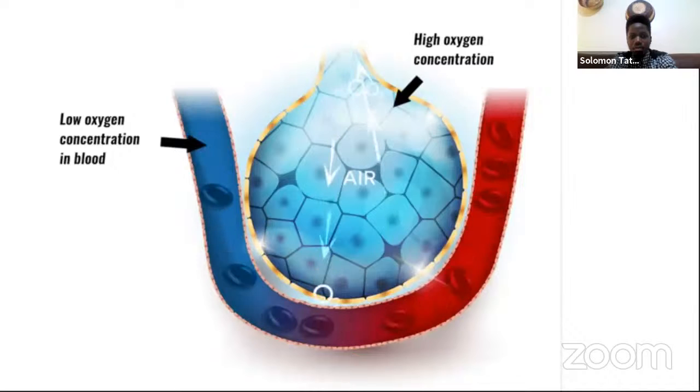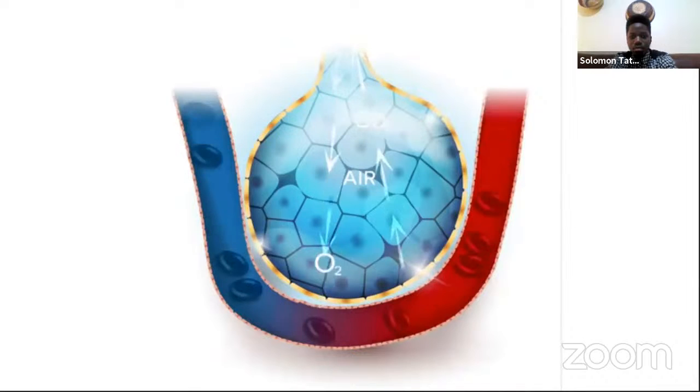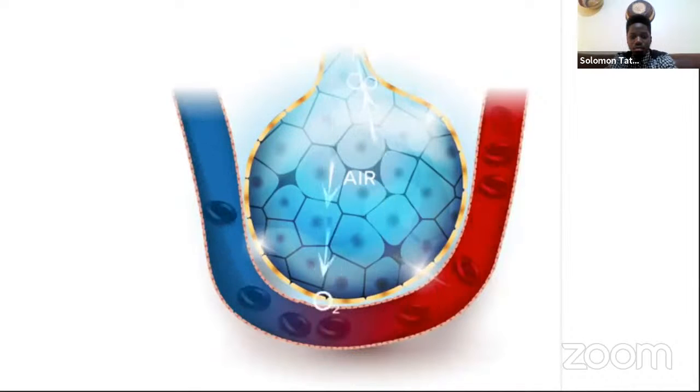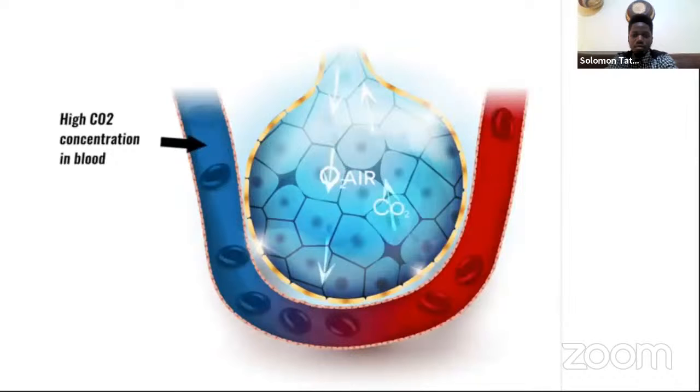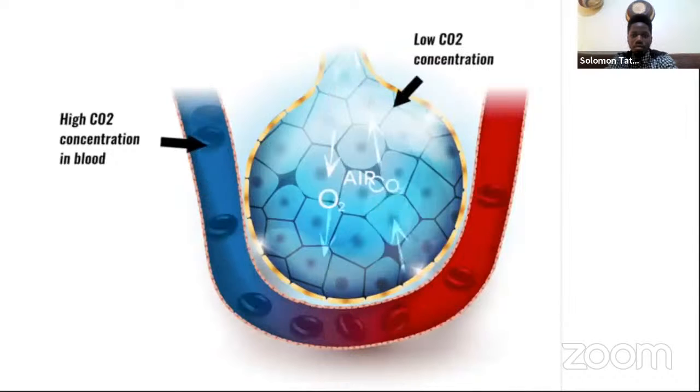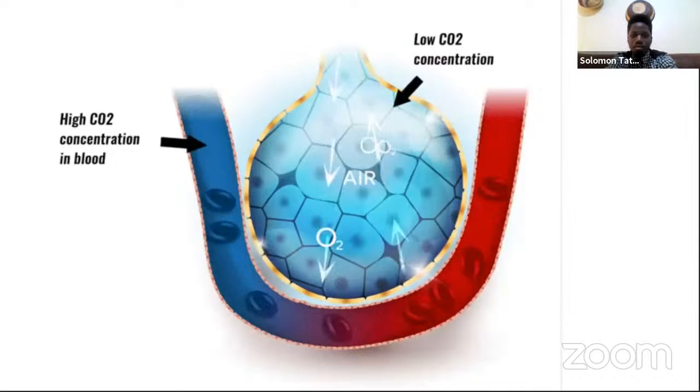Because both alveoli and capillaries have walls which are only 1 cell thick, this allows gases to easily diffuse from one to the other. The same happens in reverse with carbon dioxide, CO2. The blood in the surrounding capillaries has a higher concentration of CO2 than the inspired air.